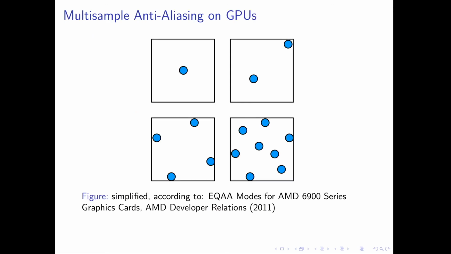Apart from those patterns that try to approximate randomness, there are also certain uniform patterns that are replicated for all pixels. Those are defined by the vendors.